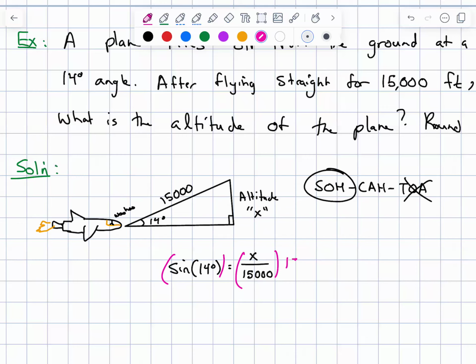I'm going to multiply both sides by 15,000, canceling it on the right and getting that X is equal to 15,000 sine of 14 degrees, which is approximately, when I round to the nearest whole number, 3,629 feet.